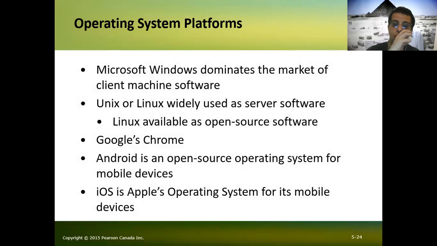Then you have Unix and Linux, widely used as server software, which are designed on the server side so you can manage them. Linux is open source. Unix you can mostly find in Sun. They utilize it a lot. Linux is available as open source software. And then you have operating system platforms like Google's Chrome. You have Android, an open source operating system for mobile devices, and iOS, Apple's operating system for its mobile devices.